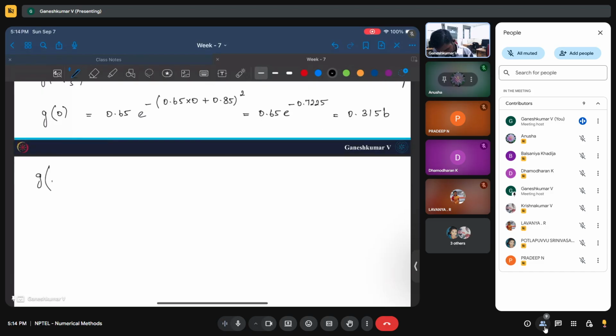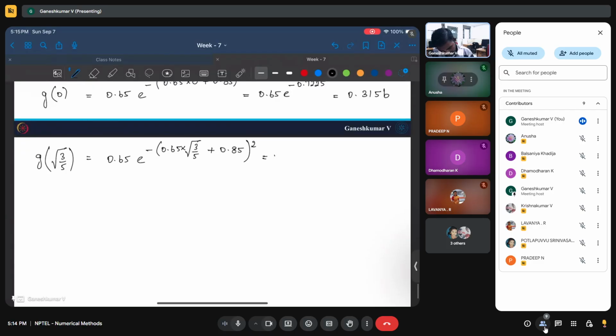Now we also need to find g at square root of 3 by 5. This is 0.65 e power minus (0.65 into square root of 3 divided by 5, plus 0.85) square.